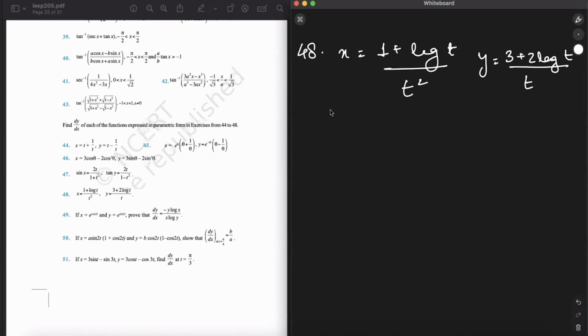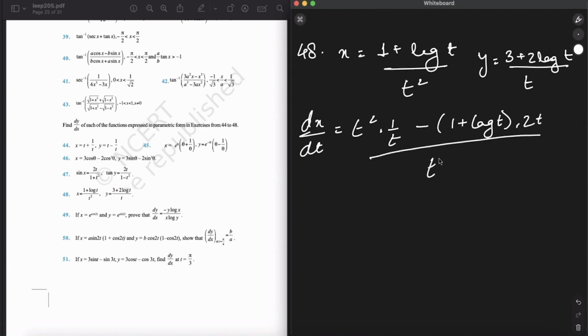Since I cannot think of anything else, I'll just differentiate it like this. Okay, so on doing so, what will I get? t square times the differentiation of 1 plus log t, which is 1 upon t, minus (1 plus log t) times 2t, whole divided by t square whole square.